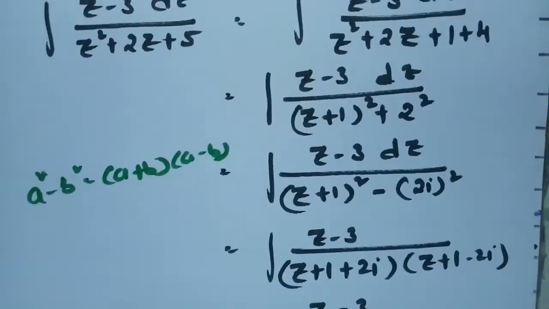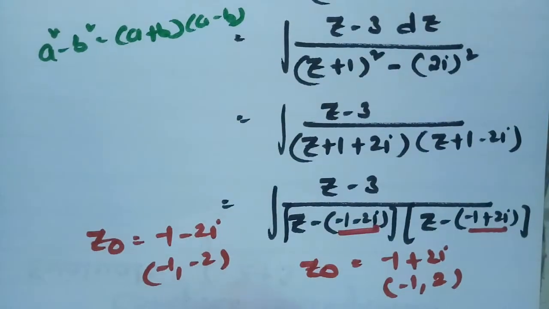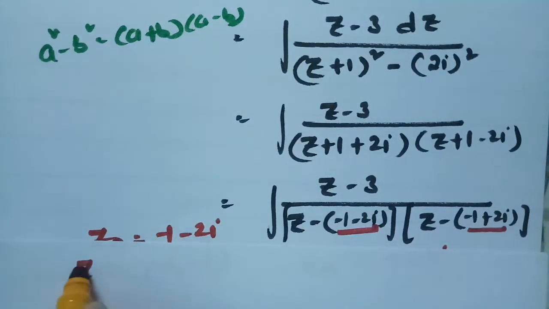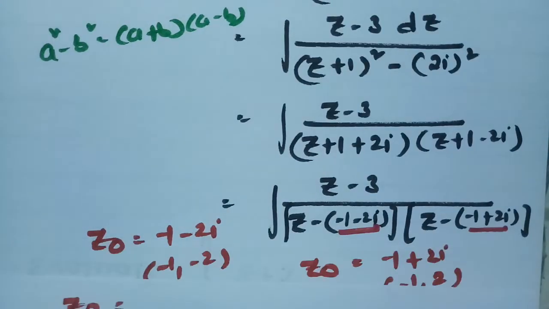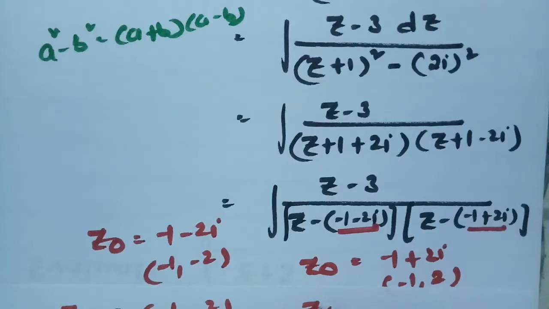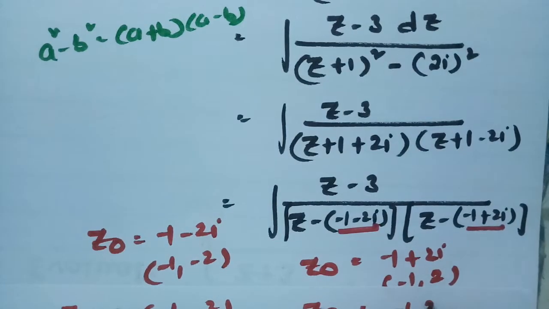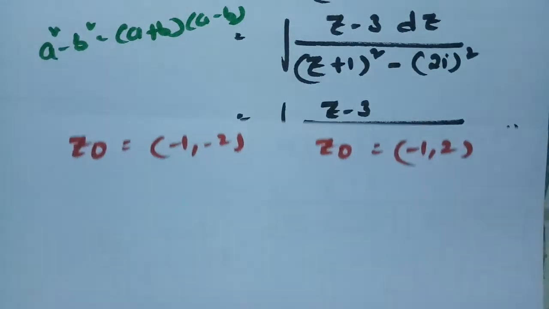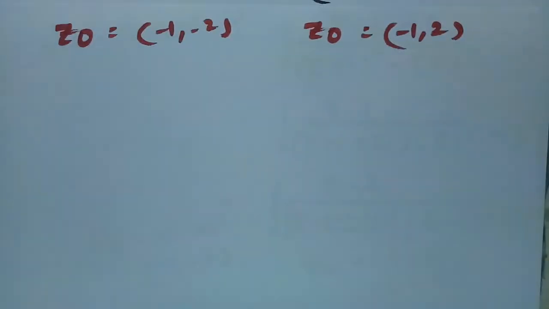So let us check whether these 2 points lie within or outside the contour C. The singular points are minus 1 minus 2 and minus 1 plus 2. So these are the 2 singular points, and let us see.